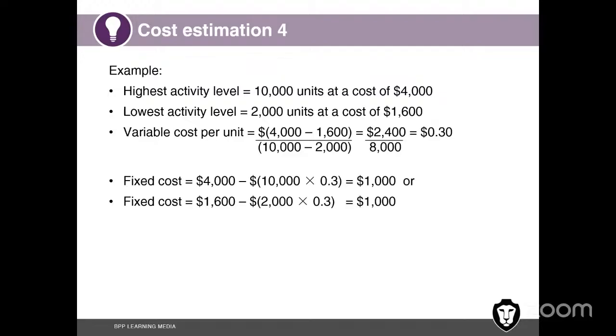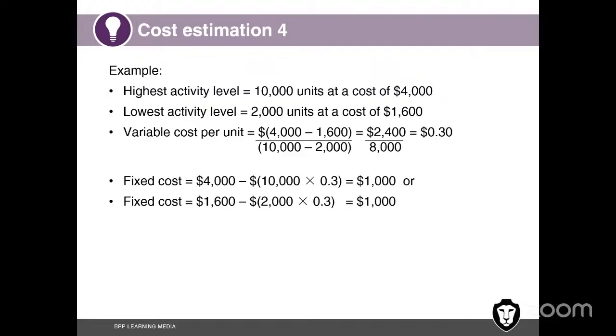You could choose the 10,000 units one or the 2,000 units one. The total cost for 10,000 units was $4,000. So 4,000 minus the 10,000 units times the 30 cents gives you $1,000. If you use the other one, you also get $1,000. So the variable cost per unit is 30 cents per unit, and the total fixed cost is $1,000.